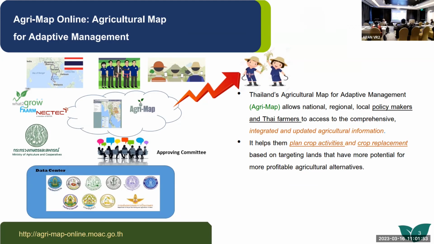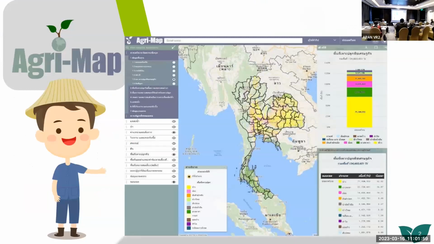So they have to really know which part of Thailand is growing what, and update this information regularly, along with the supporting information and evidence. All kinds of information are put together in this AgriMap application.